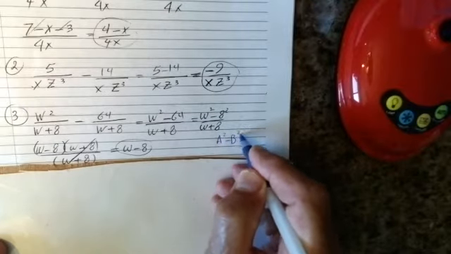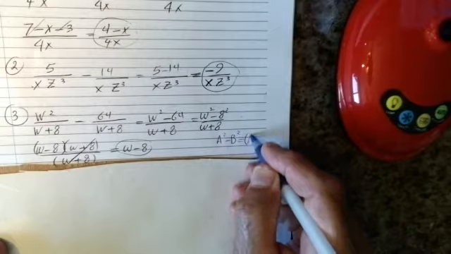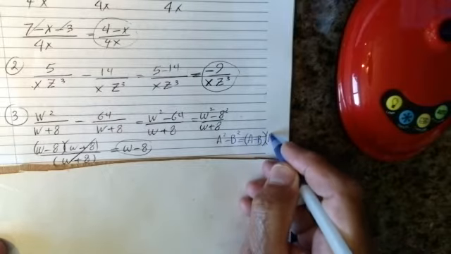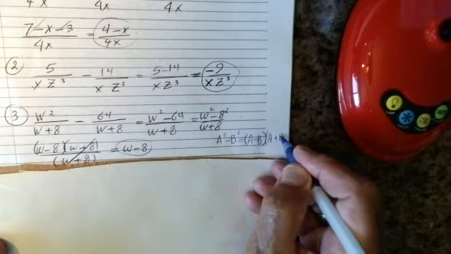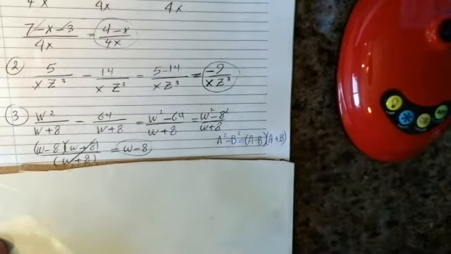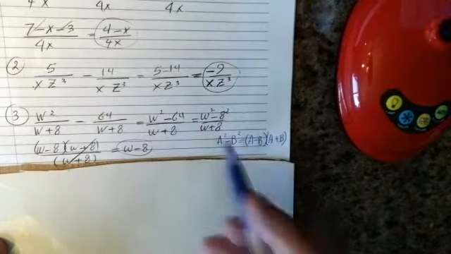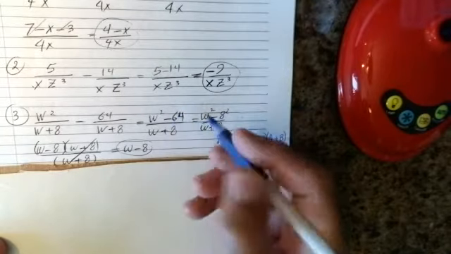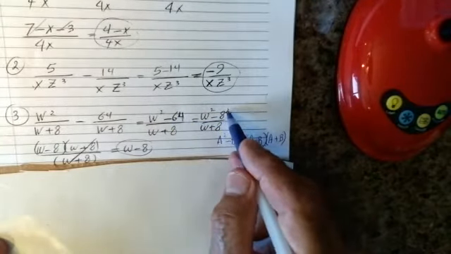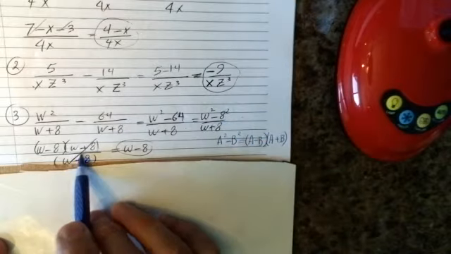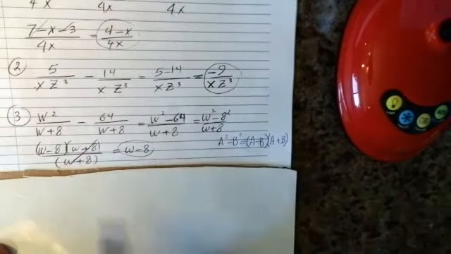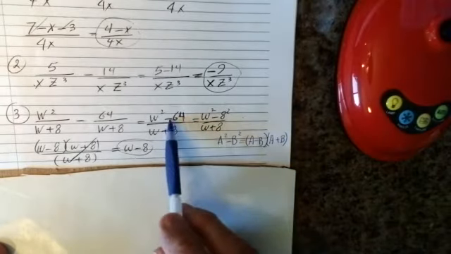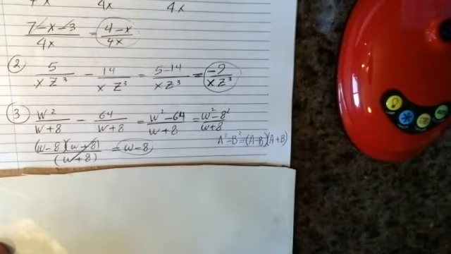Remember this one? It's A minus B times A plus B. So 64 is 8 to the power of 2, and w squared is w to the power of 2. So it would be w minus 8 times w plus 8. W plus 8 cancels, so it would be w minus 8.